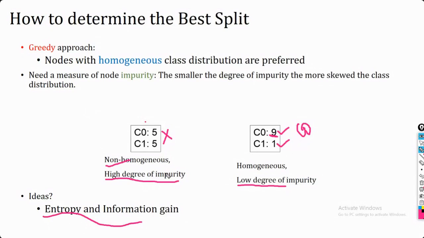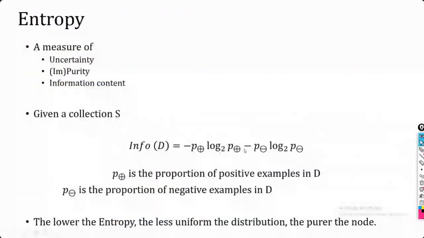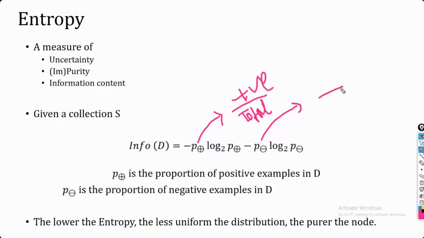We look at how many instances have the positive class and how many have the negative class. So out of total, how many have the positive, and out of total, how many have the negative.